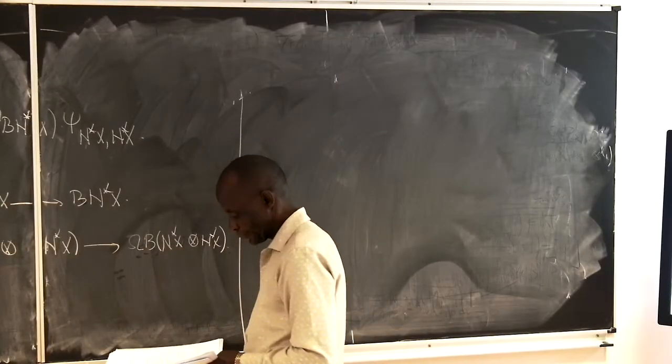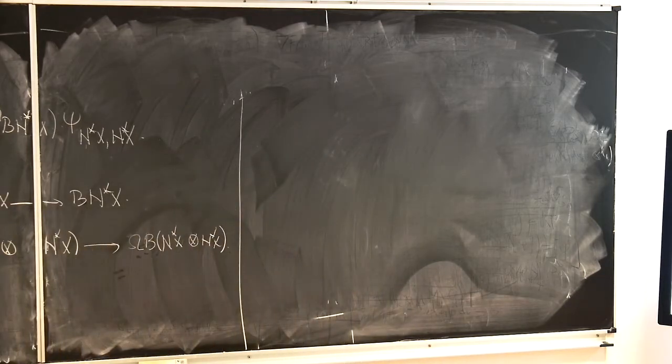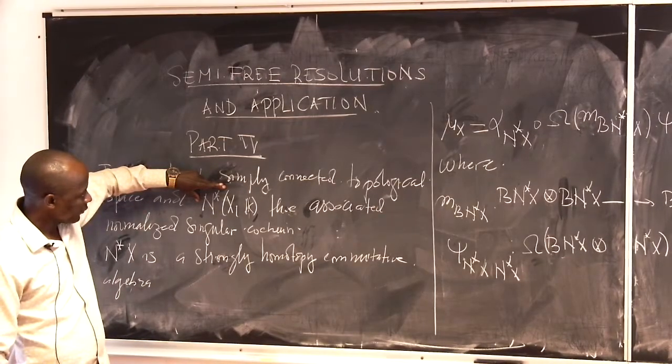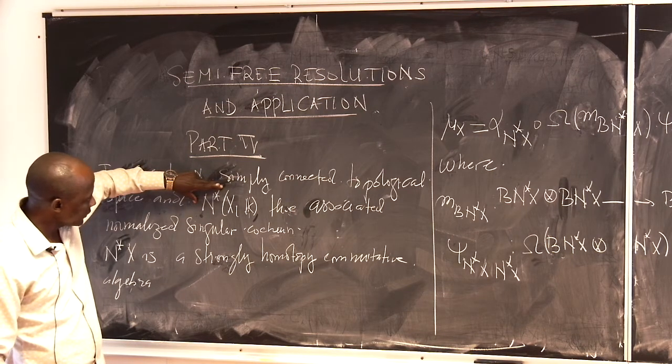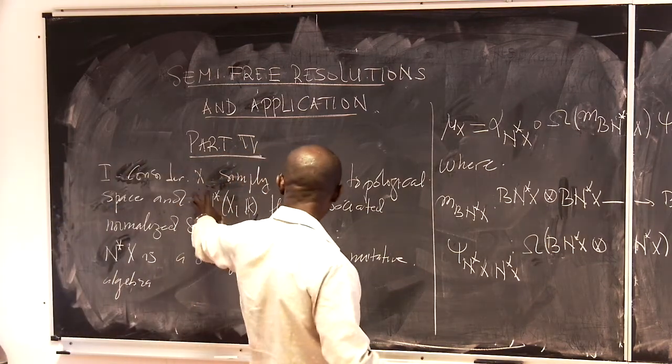So with this, we have on this singular quotient complex the structure of strongly homotopy commutative algebra. This is the first thing that we saw yesterday.